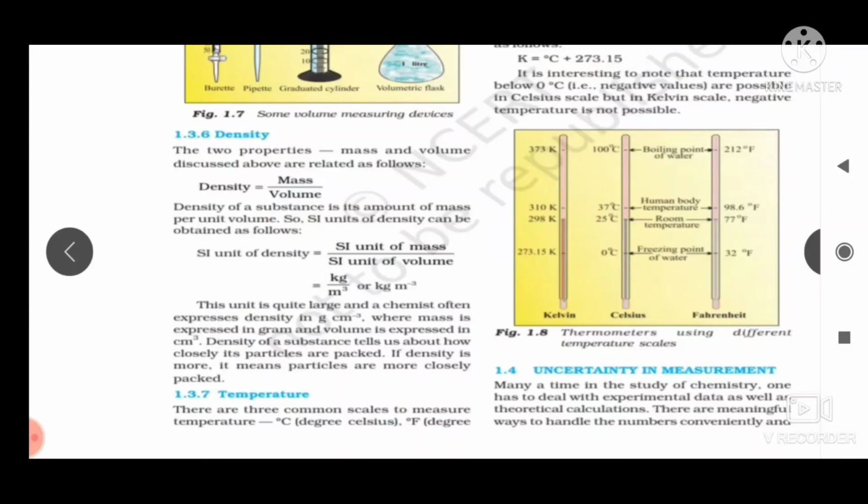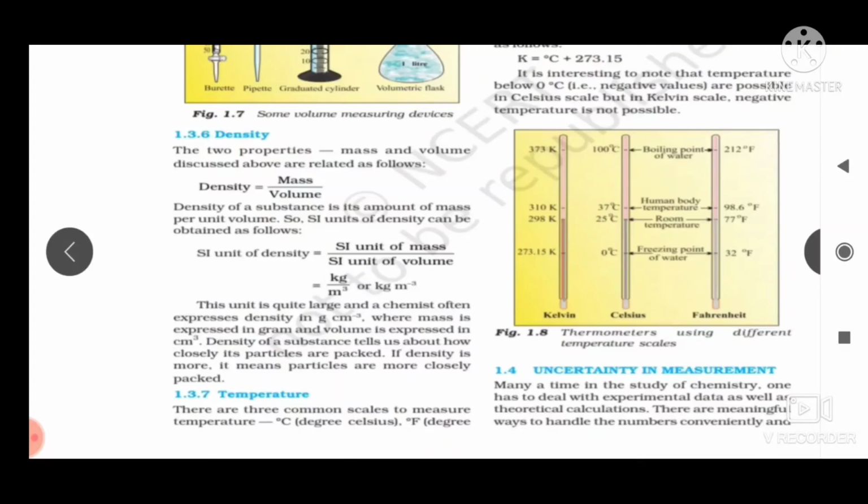Some commonly used thermometers are the clinical thermometer, which is used for measuring the body temperature, and laboratory thermometers for measuring temperature in industry, labs and common purpose. Clinical and laboratory thermometers use mercury as the thermometric liquid.